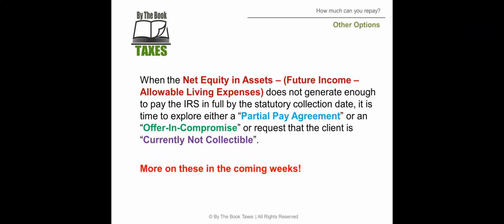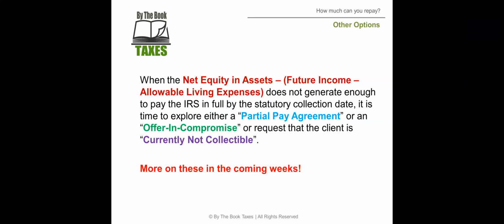What happens if that's not true? What happens if the calculation of net equity and assets plus future income less allowable living expenses does not generate enough to pay by the statutory collection date?